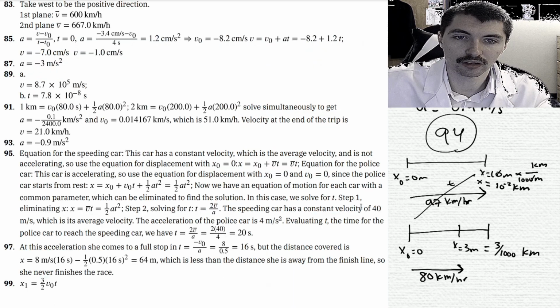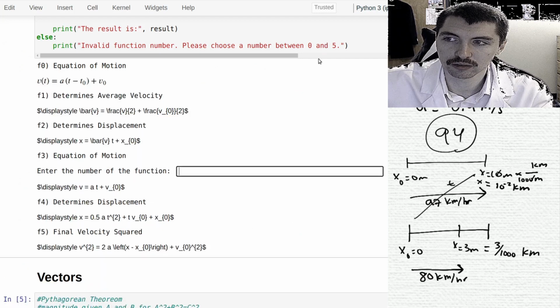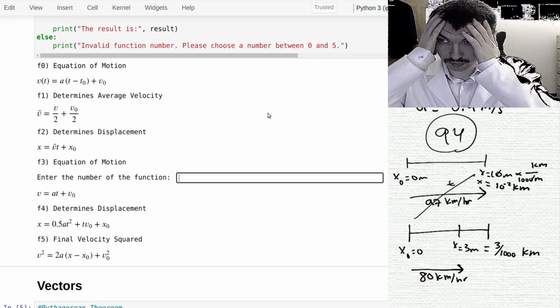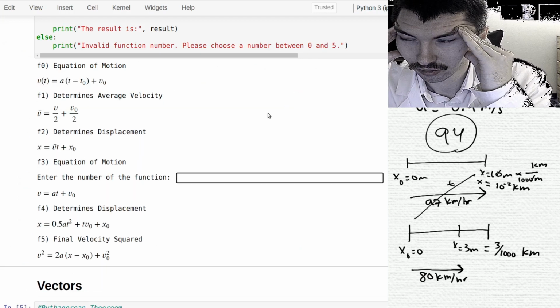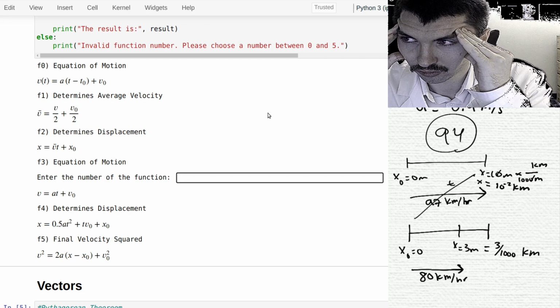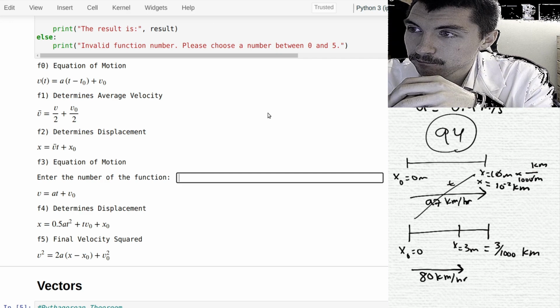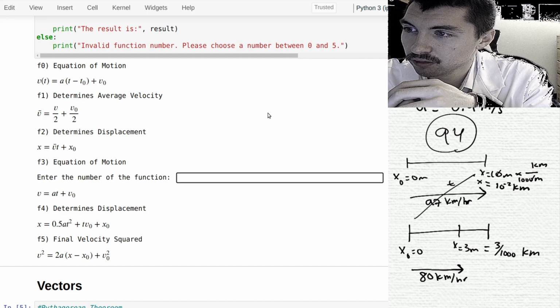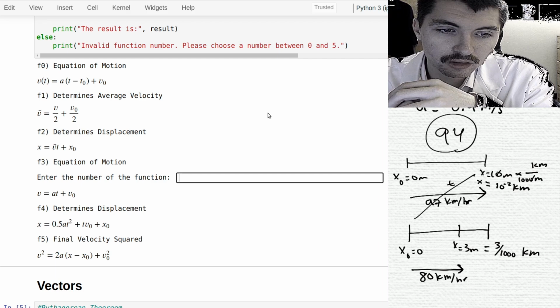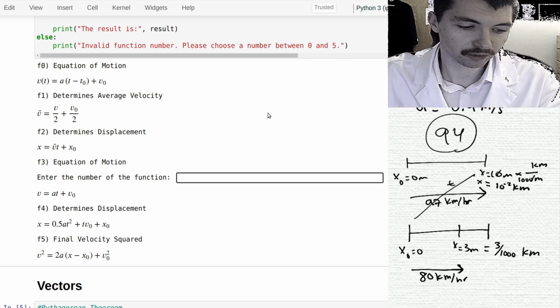So now we can plug things in. So we're trying to find, it's going that fast, this is going this fast. We want to know when, solving for T. Probably going to use equation 4.